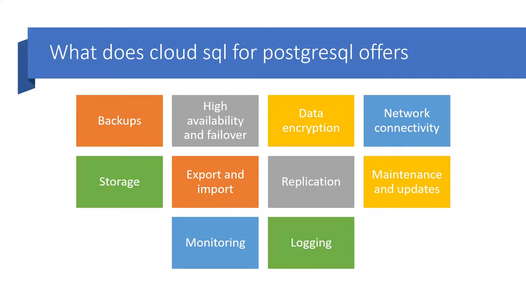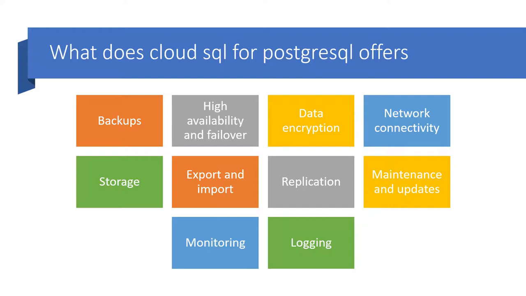For the storage which is available, you can have automatic storage increase. In case your storage is running low, it will automatically increase the storage. You have the flexibility of taking export and import of the data. You can configure the replication, which is inbuilt. The maintenance and the updates, wherein you spend a lot of time, that part will be taken away from you in a managed instance.